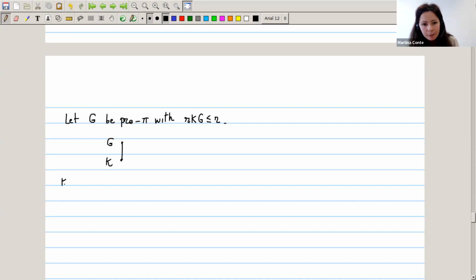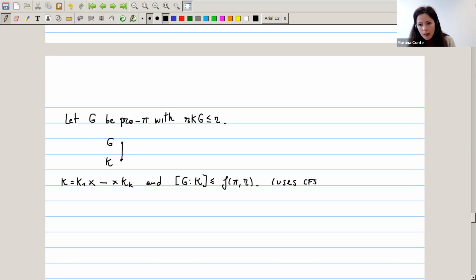K is C-pi, meaning it is the direct product of pro-pi groups where pi is a prime in this finite set pi. And moreover, the index of K in G is bounded by a function of pi and R alone. This uses the classification.